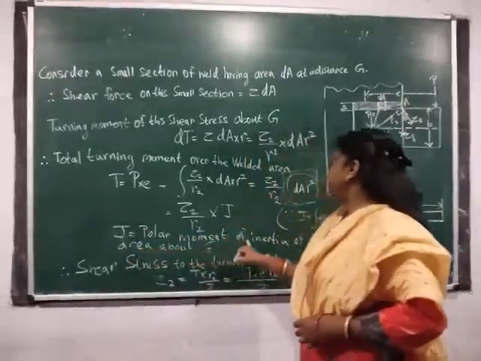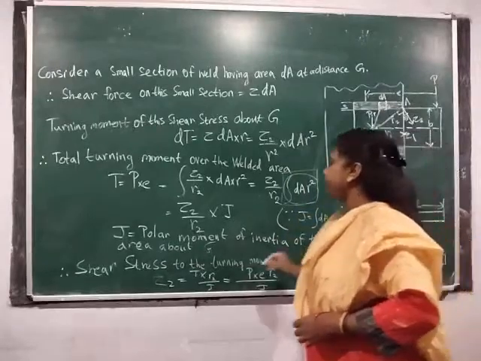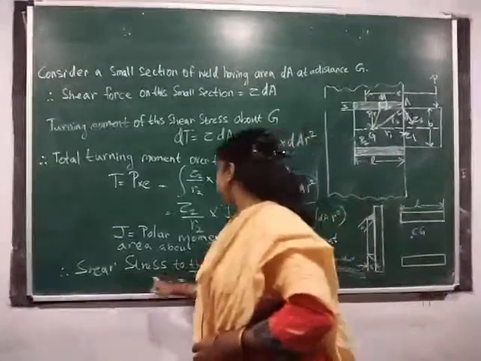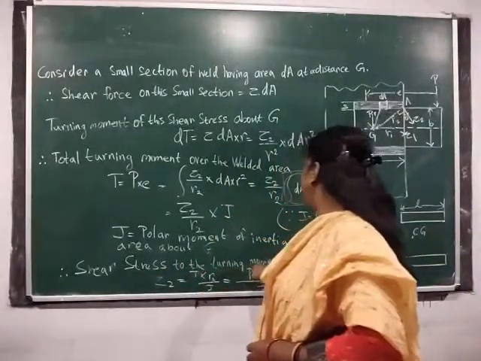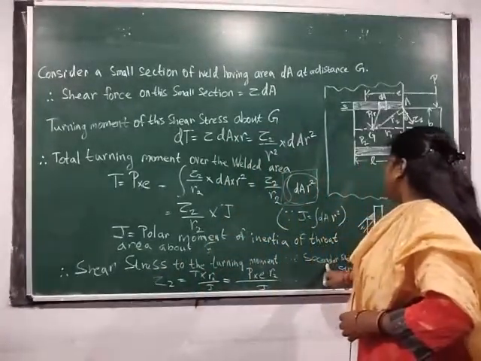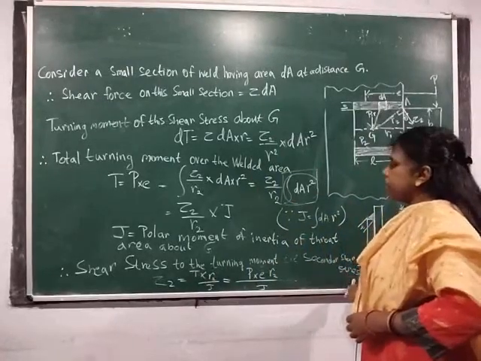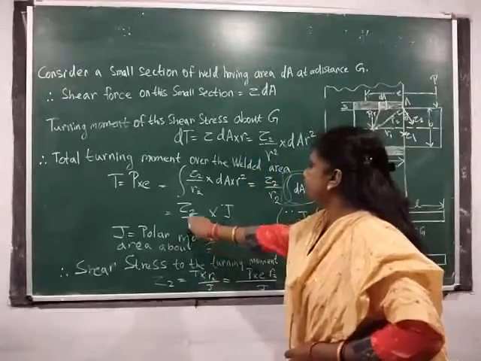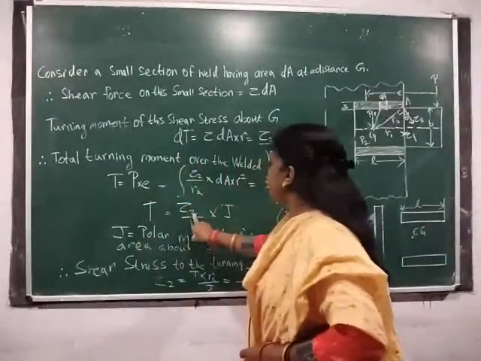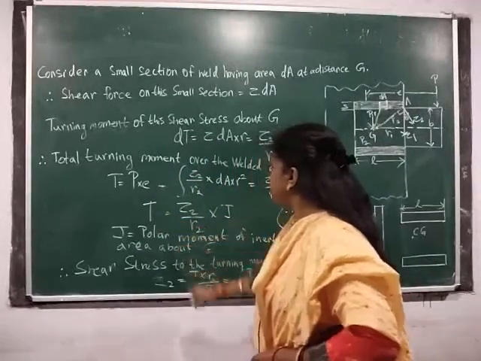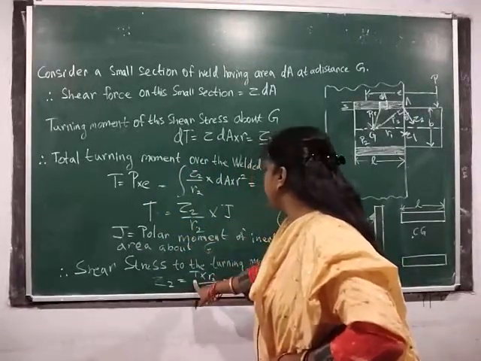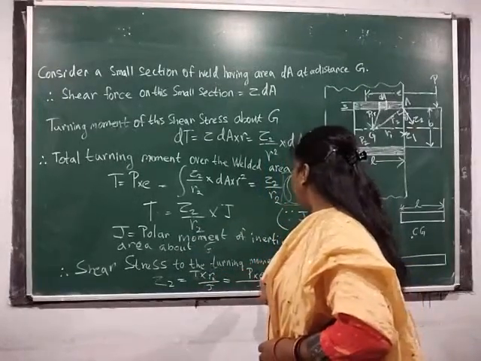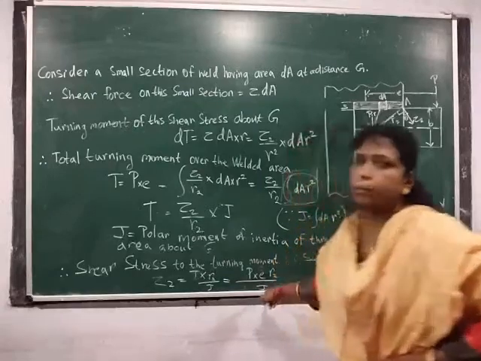J is the polar moment of inertia of the throat area about G. Next, the secondary shear stress due to the turning moment, tau 2, is equal to T into R2 divided by J, and in place of T I am writing P into E into R2 divided by J.